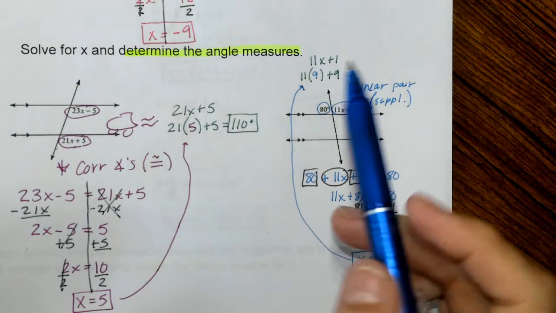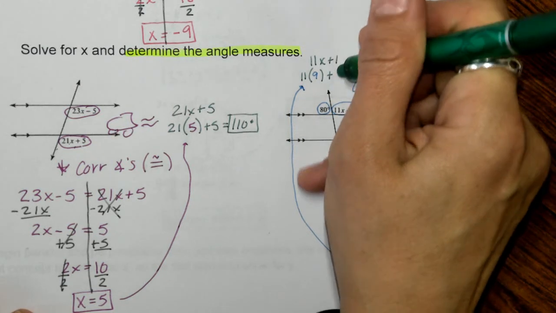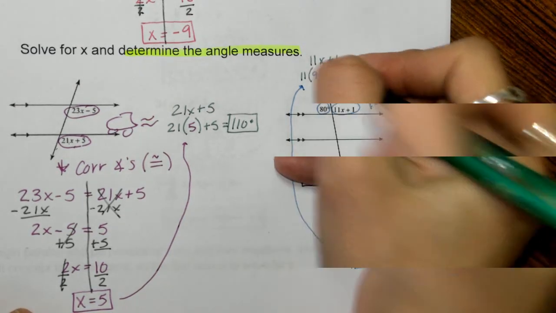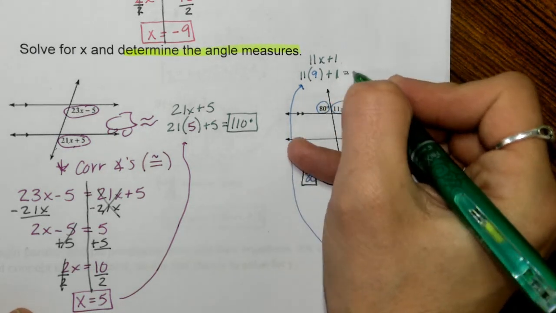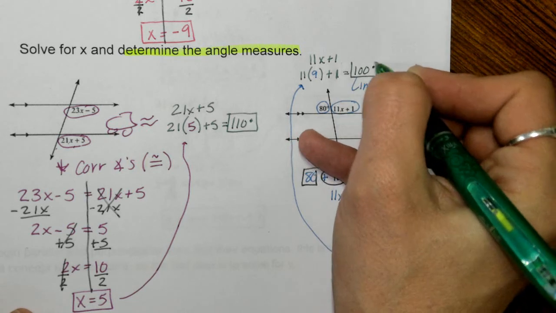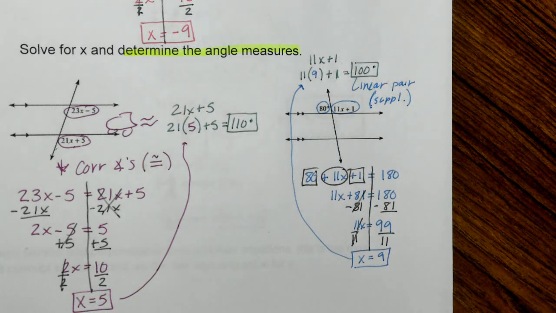We have 11 times 9, which gives us 99, plus 1 is going to give us 100 degrees. And you could have just subtracted 80 from 180 also, knowing that both of them add to 180, but I wanted to practice substituting. Right? So there are your different angle pairs with parallel lines, looking at what's congruent, what's supplementary, and reminding us how to solve for x. Please ask your teacher if you have any questions or need any clarification.